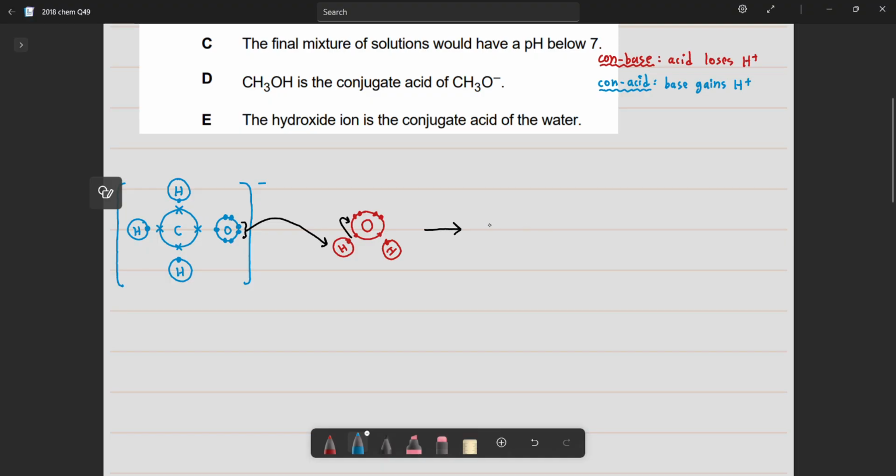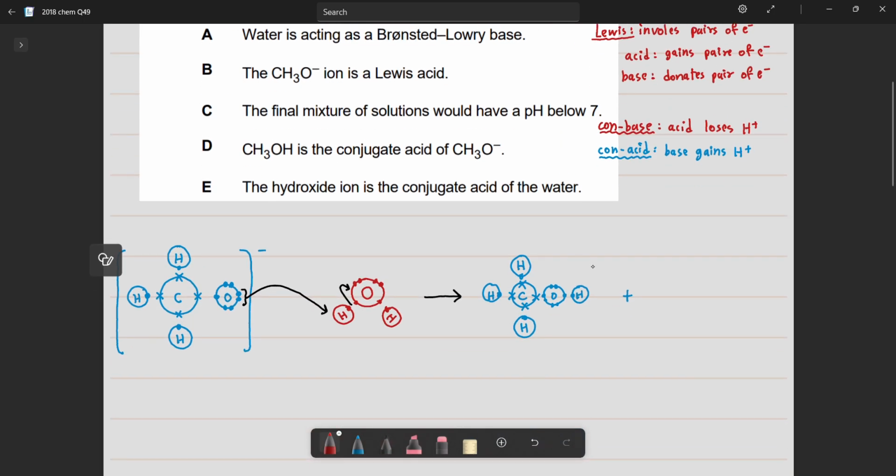The methanol is formed here, where the oxygen has formed a bond with the hydrogen that was gained from the water, plus we have the hydroxide ion, which is what we mentioned as the conjugate base.